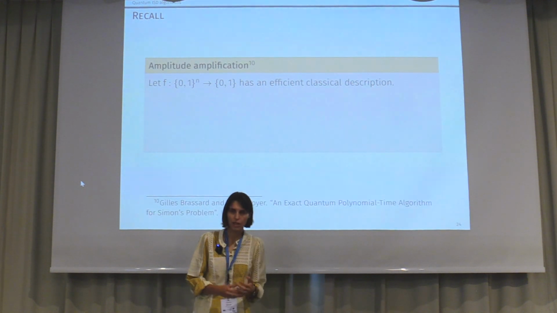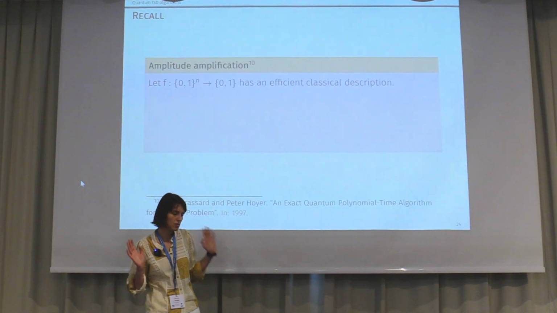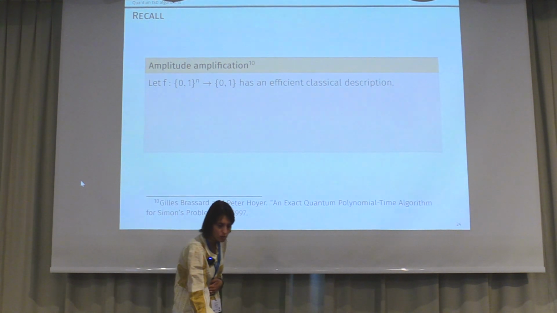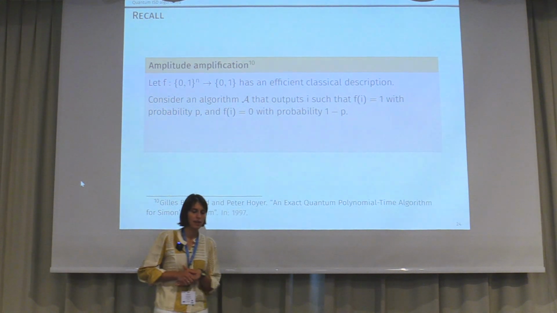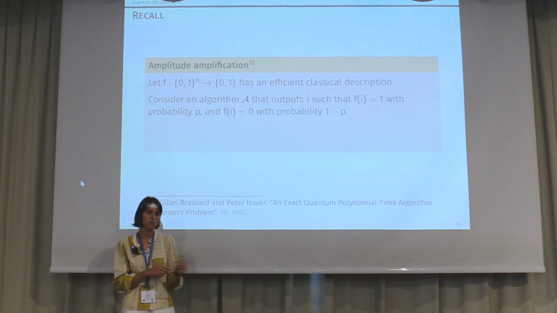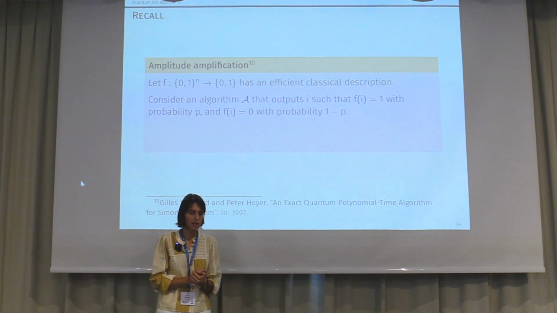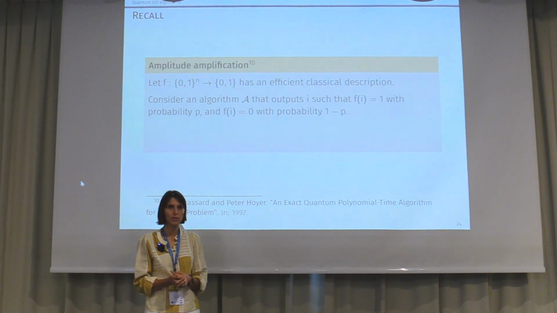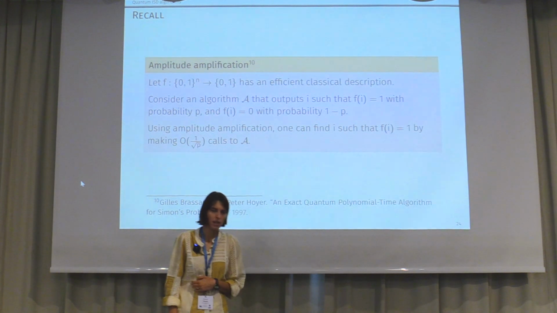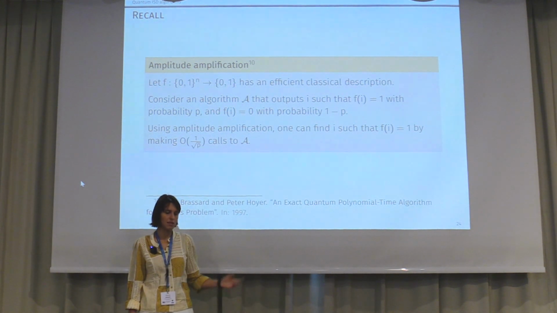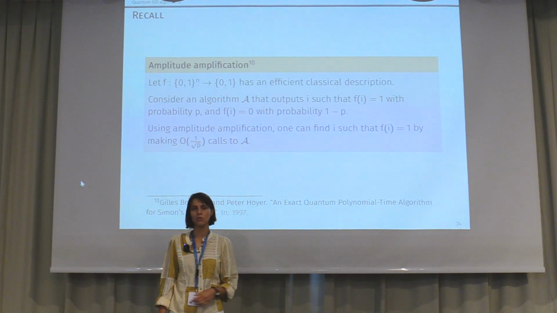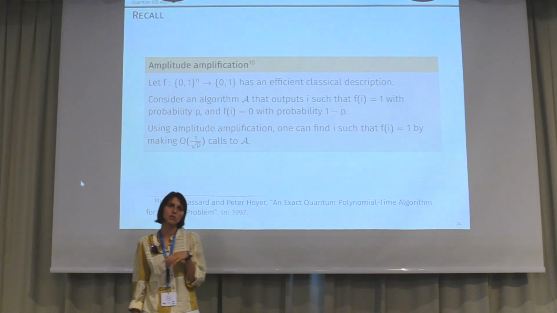And the amplitude amplification can be seen as a generalization of this algorithm. You again have a Boolean function f, and you know that there is an oracle or an algorithm A that outputs i such that f of i is equal to 1 with probability p, and f of i is equal to 0 with probability 1 minus p. What amplitude amplification provides you is that you can find such an i with f of i equal to 1 by making 1 over square root of p queries to your algorithm.